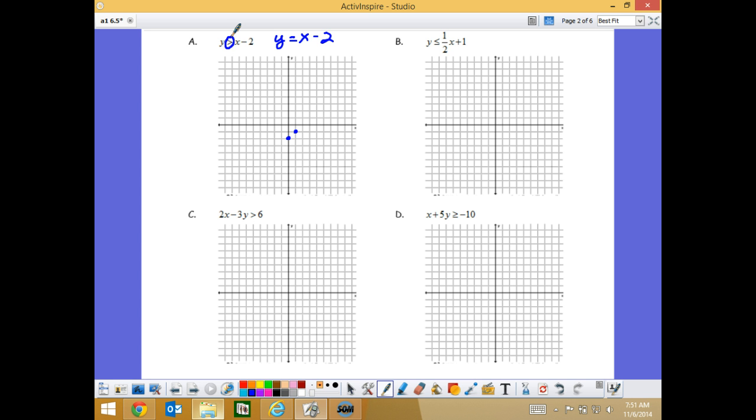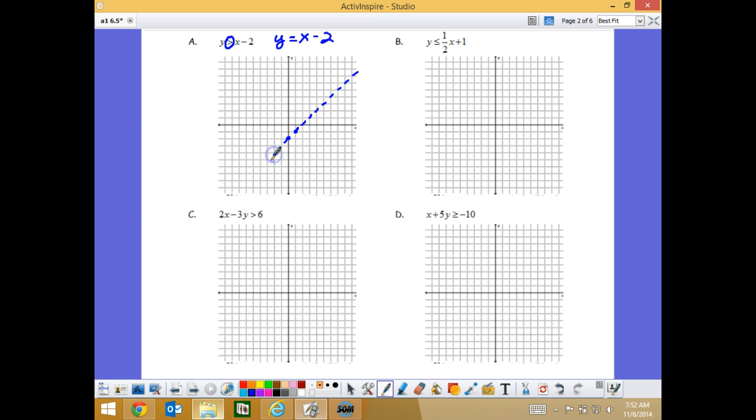So that means that the boundary line we're going to graph, y equals x minus 2, is not part of the solution. The way we signify that when graphing these lines is we graph a dashed line. It's not a solid line, it is a dashed line.